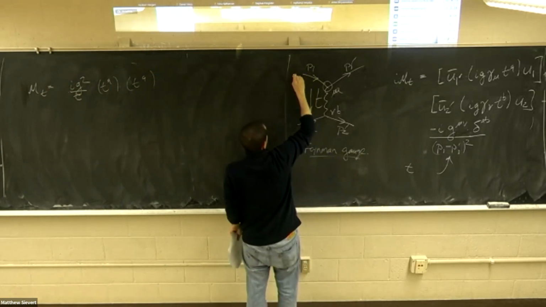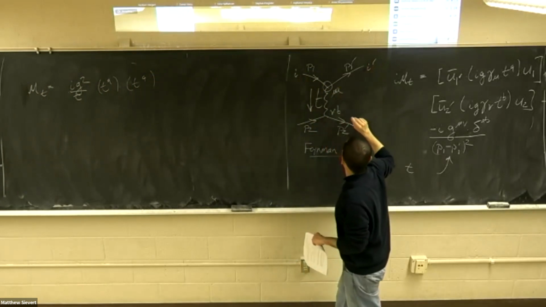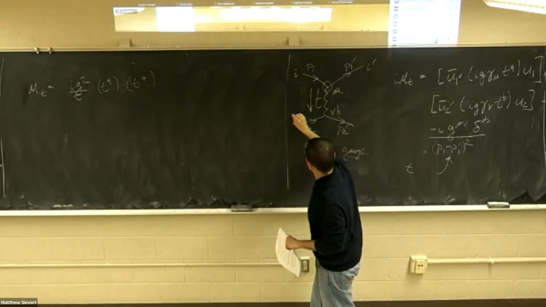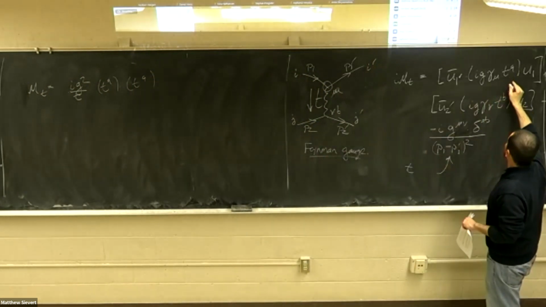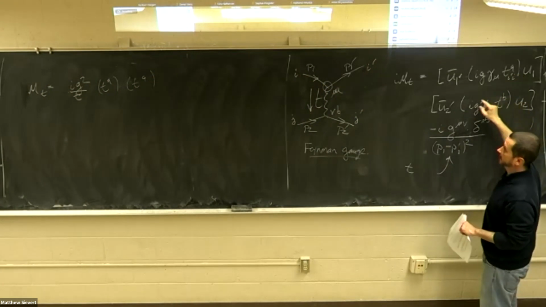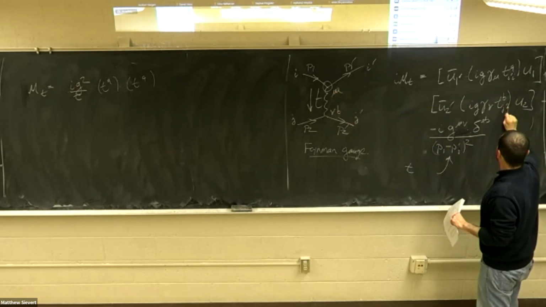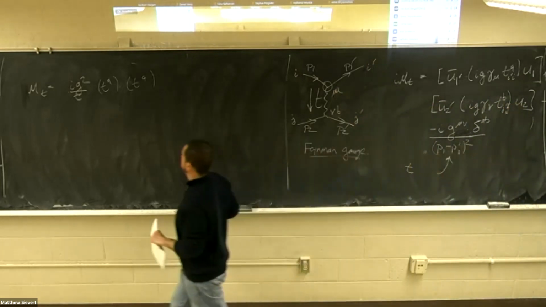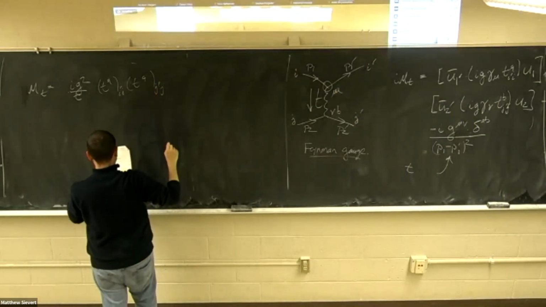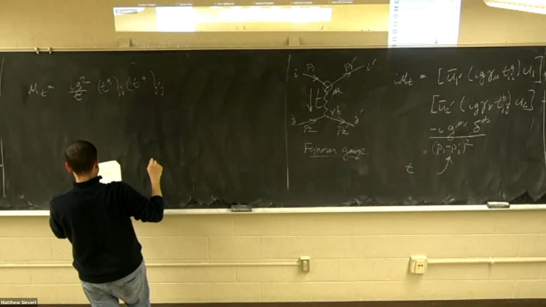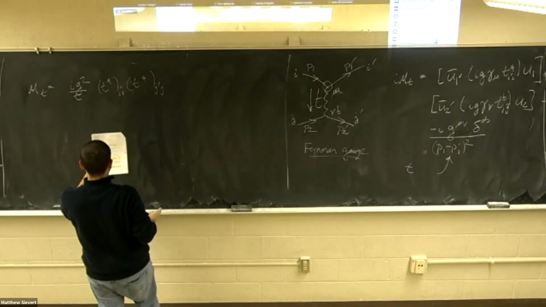If I specify the initial state color as i and the final state color of particle number 1, i', and similarly the colors here are j and j', then this T^A has color indices i' i, rotates to color i' from color i. This one is j' j for the same reason. So this is i' i, j' j. Yes, I think I've taken a different notation than what's in my notes.